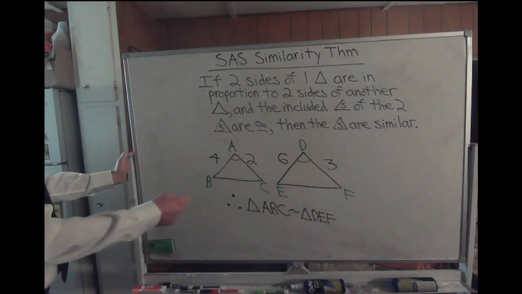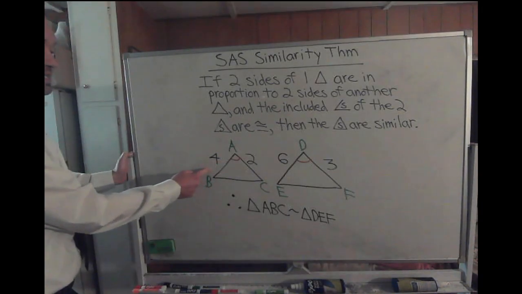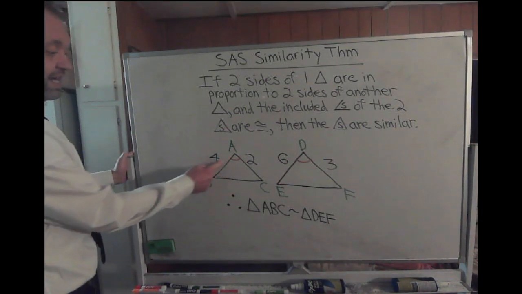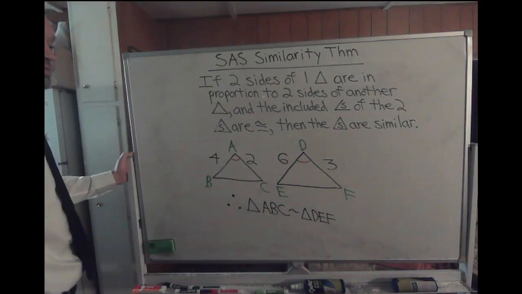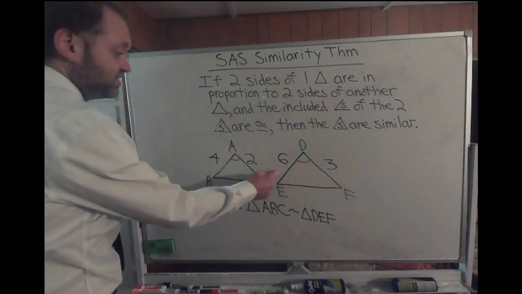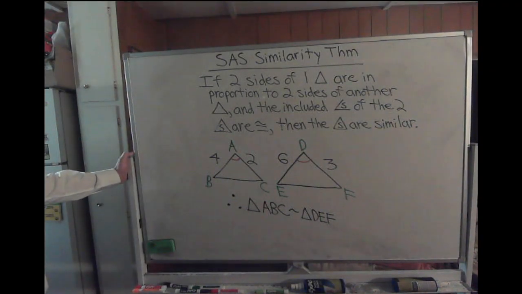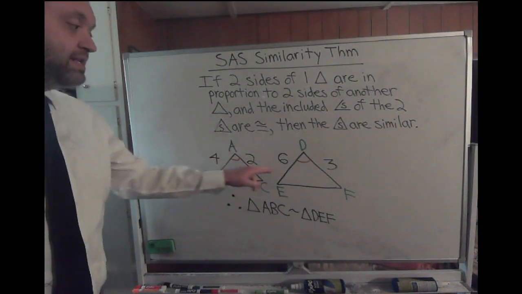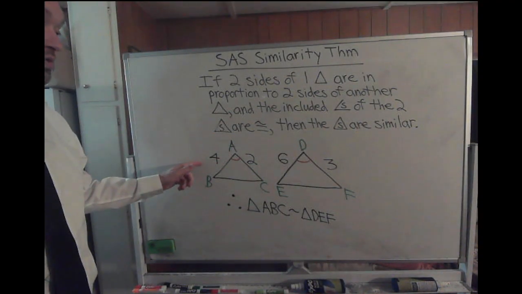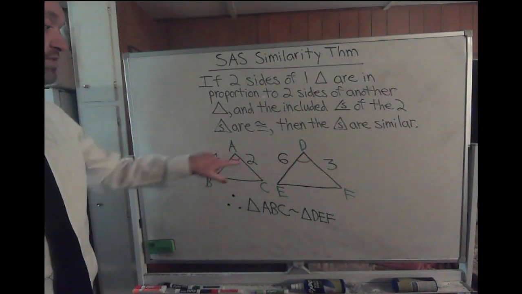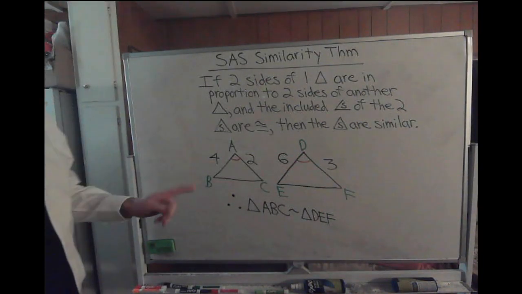And then if we look at triangle ABC, we have side AB has a length of 4, side DE has a length of 6. If we take the ratio of AB to DE, 4 to 6 also turns into 2 to 3. So you have two sides of the triangle in proportion.